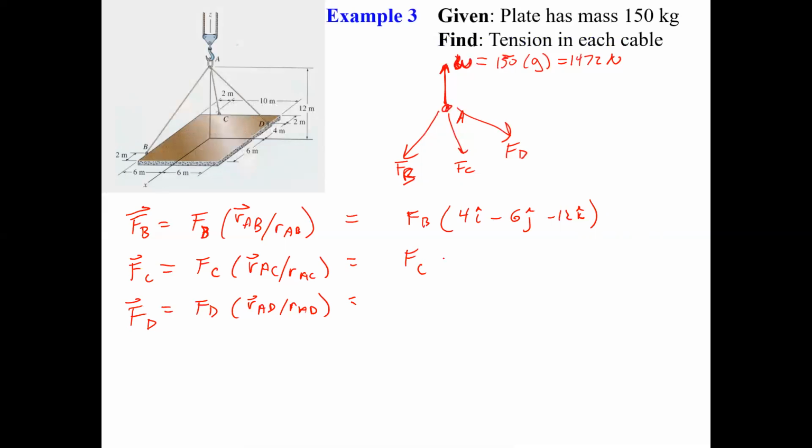The second one is FC times minus 6i minus 4j minus 12k, and the third one is FD times minus 4i plus 6j minus 12k. And then that W vector is just going to equal 1472k.